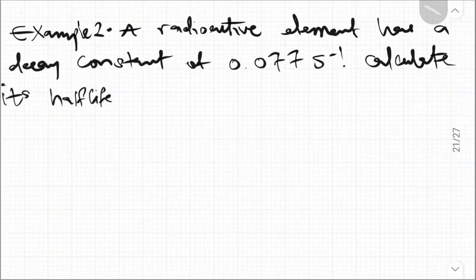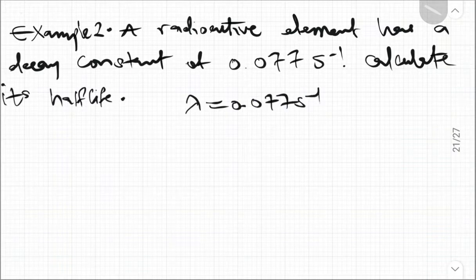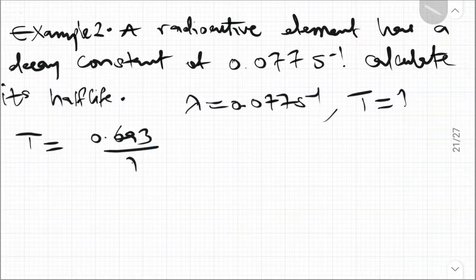So example 2. A radioactive element has a decay constant of 0.077 per second. Calculate its half-life. All right, so decay constant is equal to 0.077 per second. Calculate its half-life. Of course, we know that half-life is equal to 0.693 over lambda.